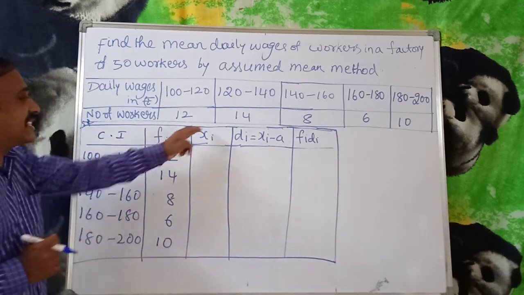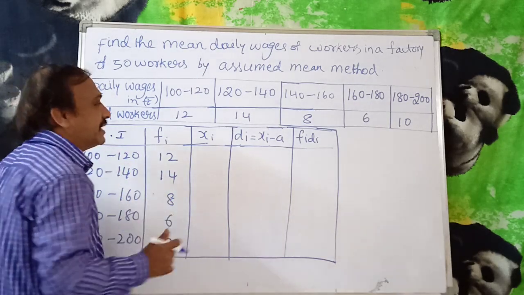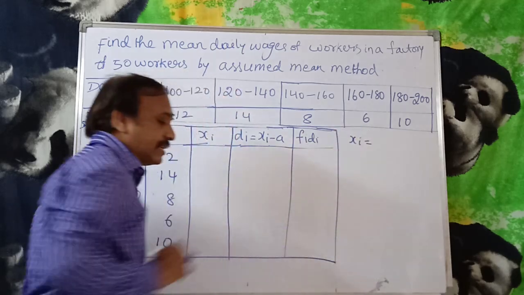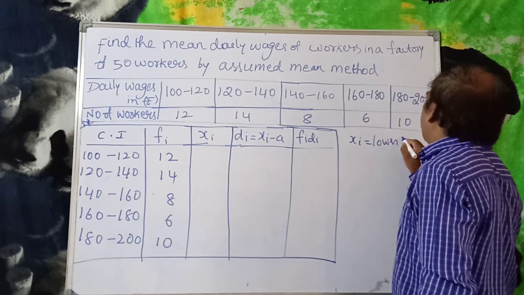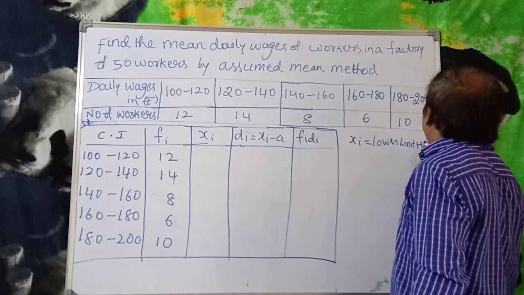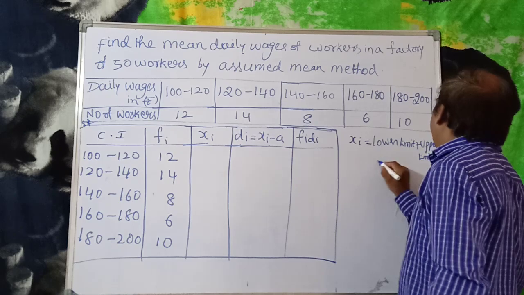Now the new xi. How to calculate xi? Xi is equal to lower limit plus upper limit by 2.